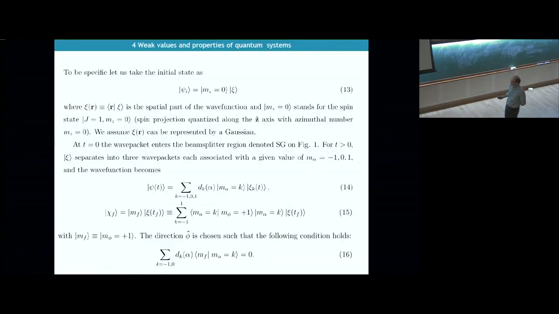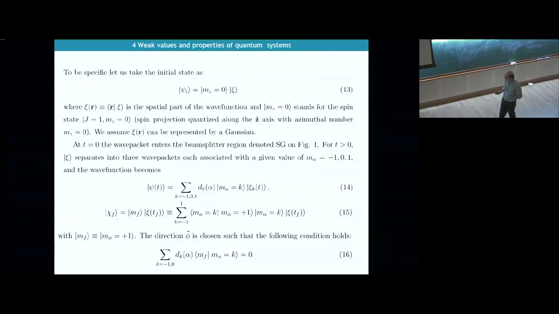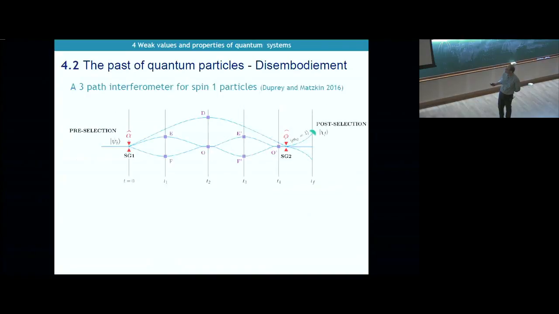You have three paths according to the value of n alpha: -1, which was the lower path, the middle path 0, and 1, the upper path. And at the end, you post-select on a given state. So basically, we choose a certain direction phi, and a certain state, which would be m phi equals +1.